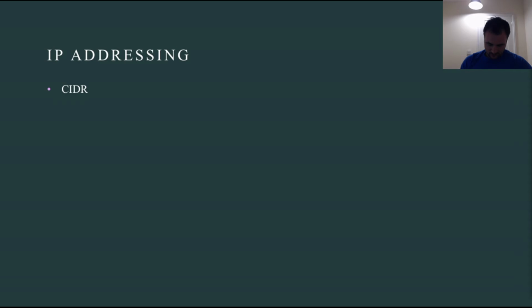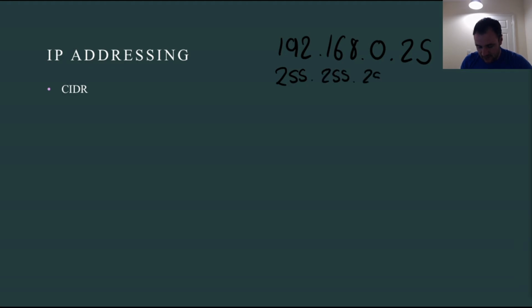So as we said, when we work with IPv4 addresses, for example, if I have an address of 192.168.0.25, its default subnet mask, which I'll speak about in 2 seconds, is 255.255.255.0.